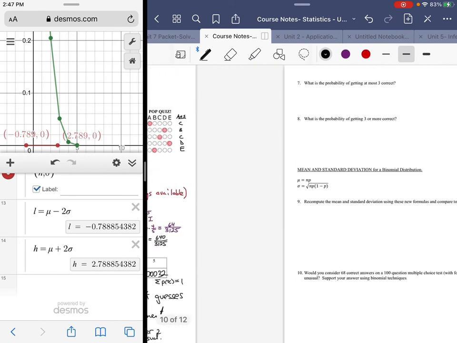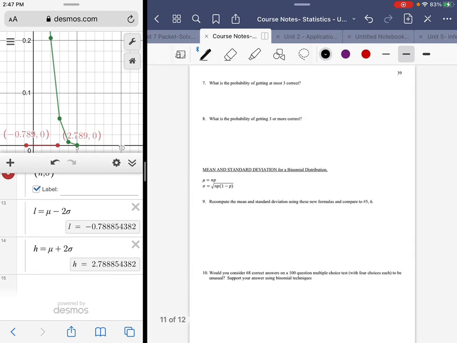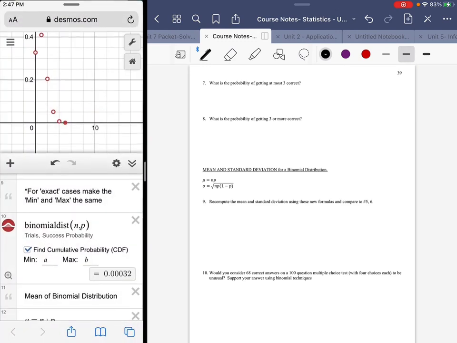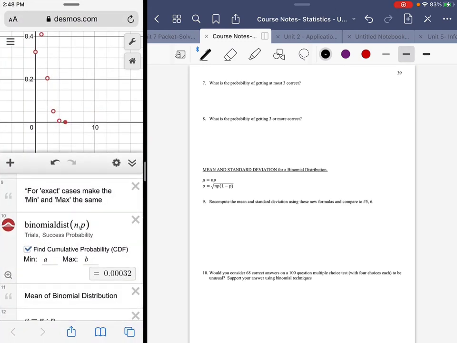All right. So then on the top of the next page, probability of getting at most 2 correct. So for that, I'll go back to my binomial probability calculator. At most 3 means 3 or less. All right, so that means that your setting should be minimum equal to 0, maximum equal to 3.